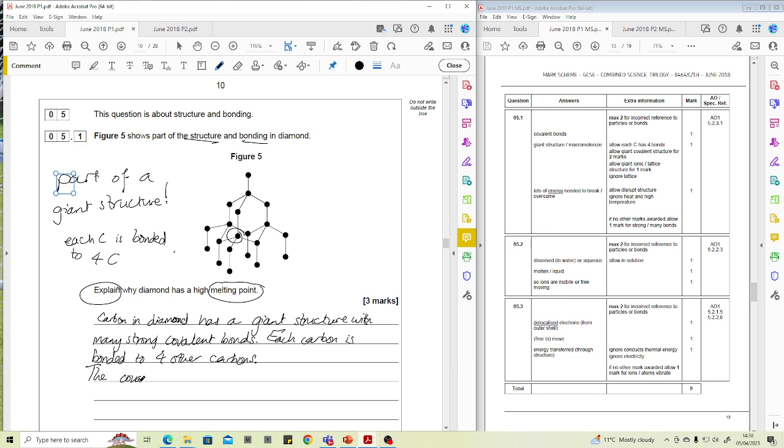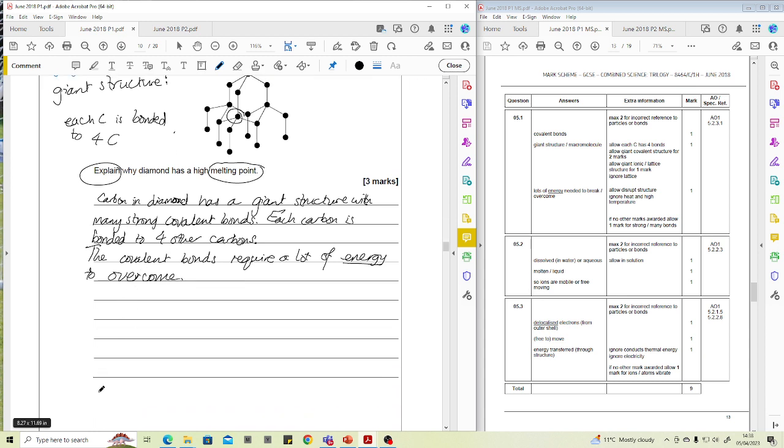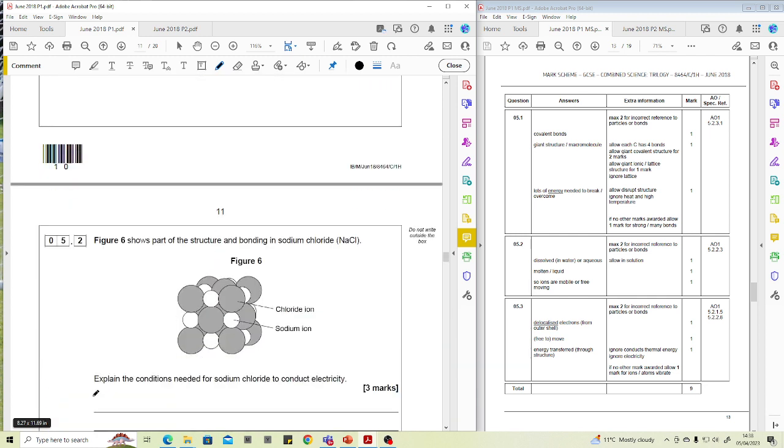The covalent bonds require a lot of energy to overcome. So I didn't repeat the question. I did use the word energy, not heat or anything else. Okay, so I've written a little bit more than is required by this mark scheme, but I know that sometimes mark schemes vary, so I'm going to go for that bonded to 4 other carbons there as well.